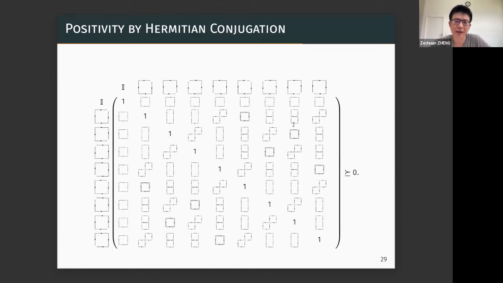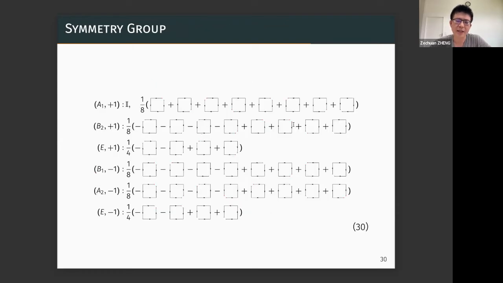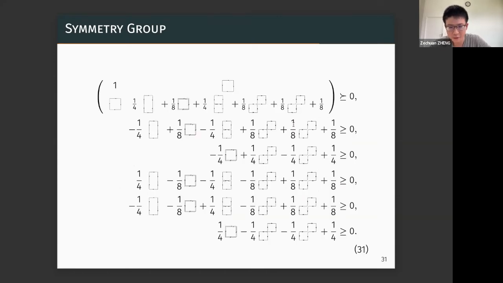Let's look at this matrix again and see how the symmetry reduction works here. We can take linear combinations of different Wilson lines and put them into different representations of the two-dimensional point group of the lattice. We take the inner product here to get the inequality condition.